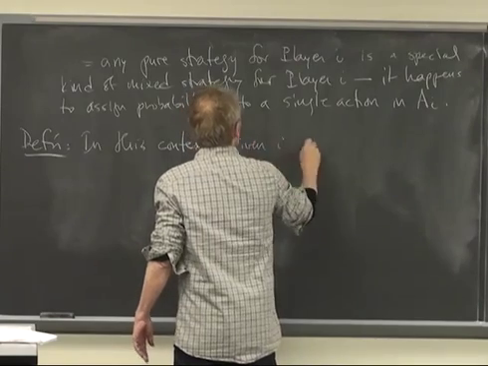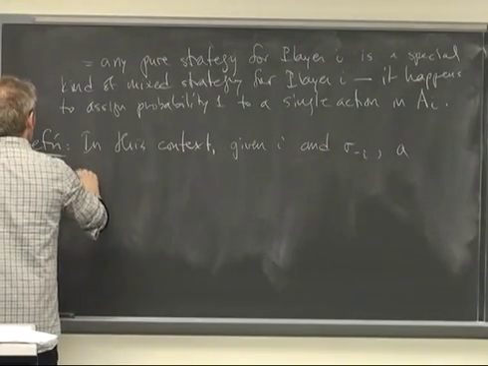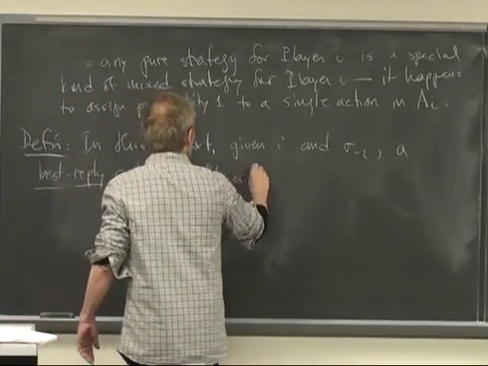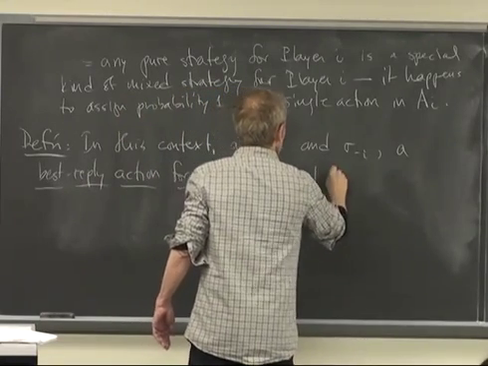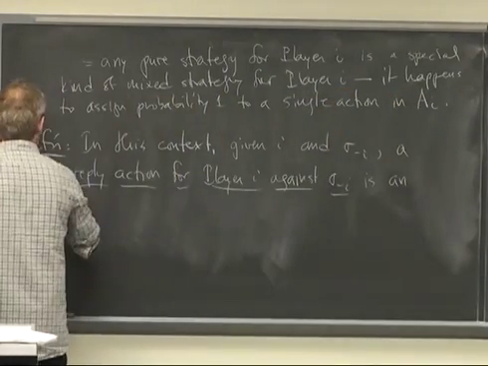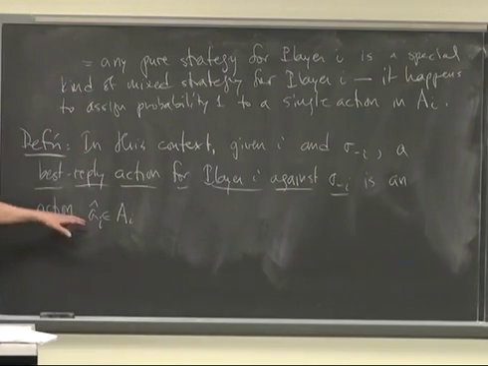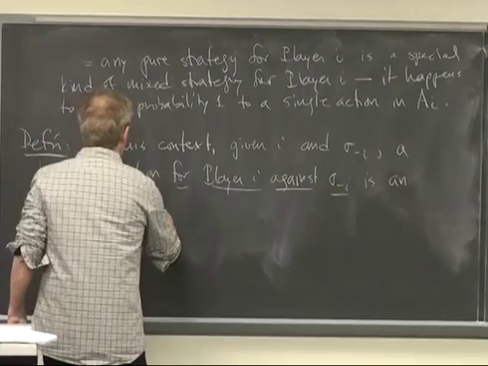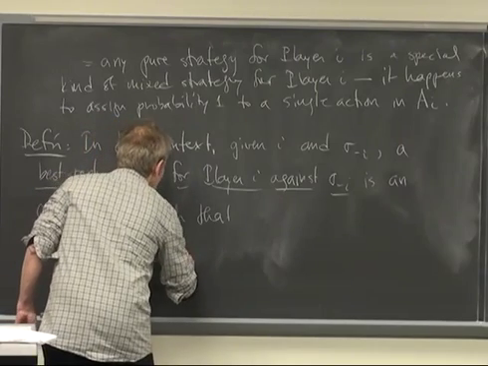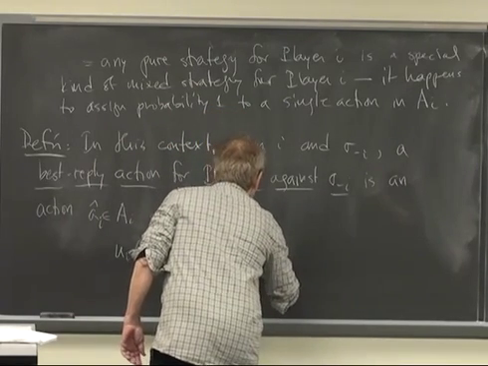So given i and sigma sub minus i, a best reply action for player i against sigma sub minus i is an action, I'm going to call it a-hat in A_i, just to emphasize the fact that it's an action for player i, such that the payoff to player i when he plays that action against the opposition strategy sigma sub minus i is bigger than or equal to the payoff that he gets when he plays any other action against that opposition.